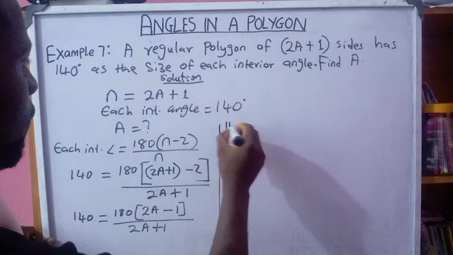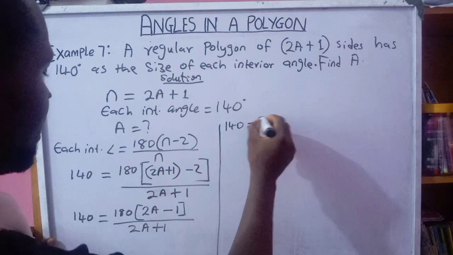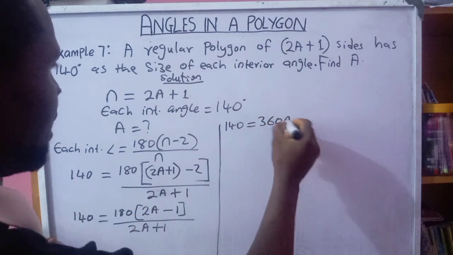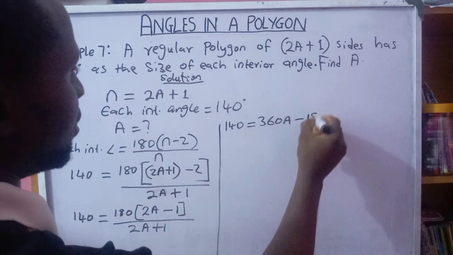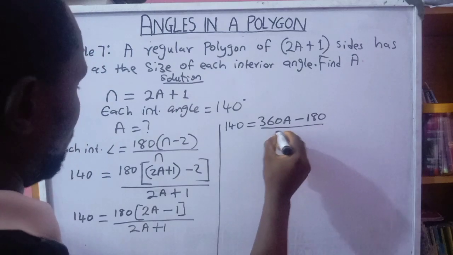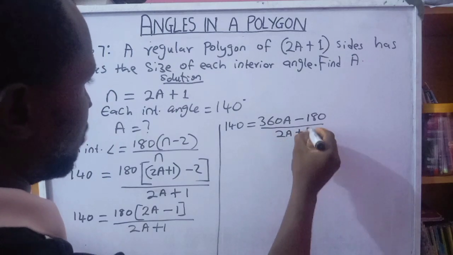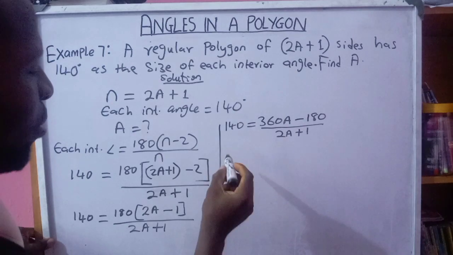That will give us 140 is equal to 180 times 2a will give us 360a minus 180 times 1 will give us 180. Alright, all over 2a plus 1. Alright, so now we can collect like terms. Sorry, not collecting like terms.